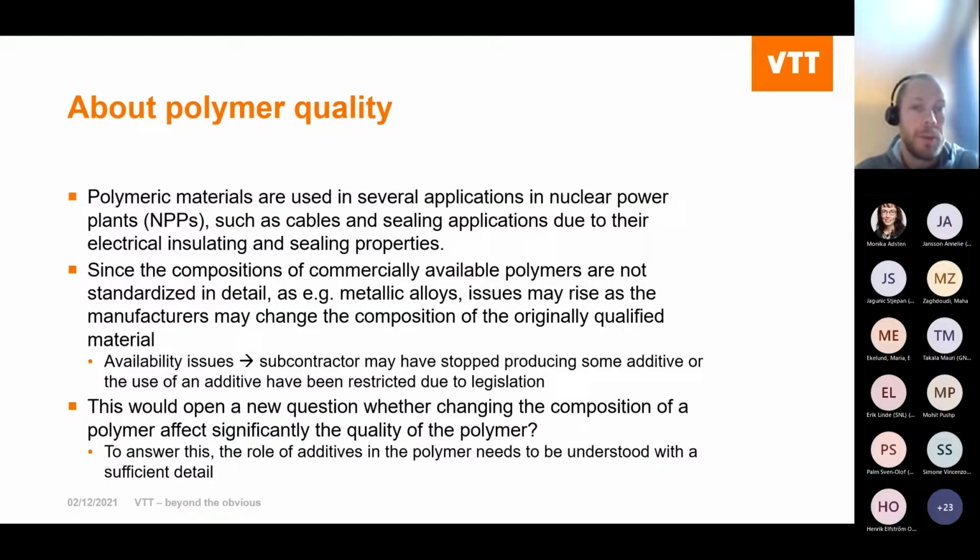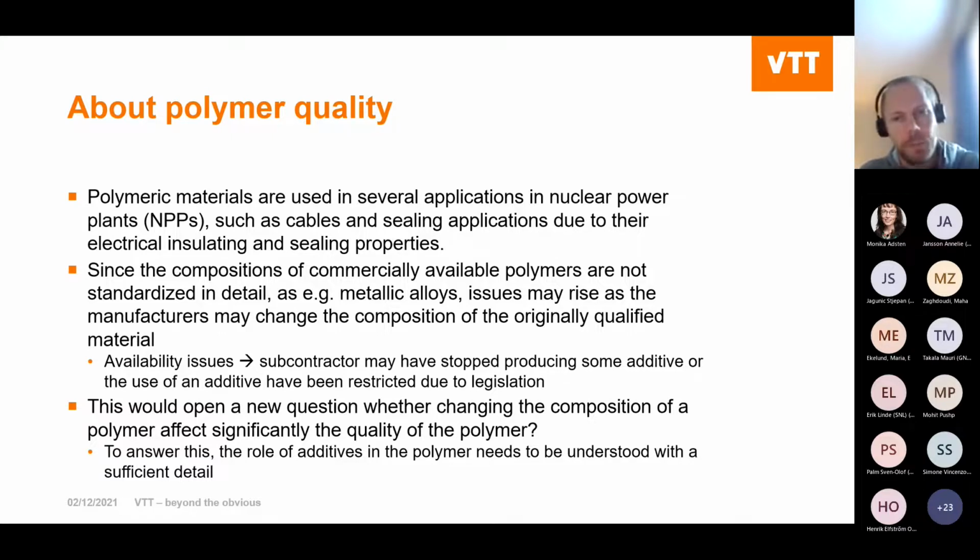So you are probably all aware that polymers are used in a wide range of applications inside nuclear power plants, cables and sealants, due to their insulating and sealing properties. So the composition of these commercially available polymers is not that standardized in detail as in the case of metals.